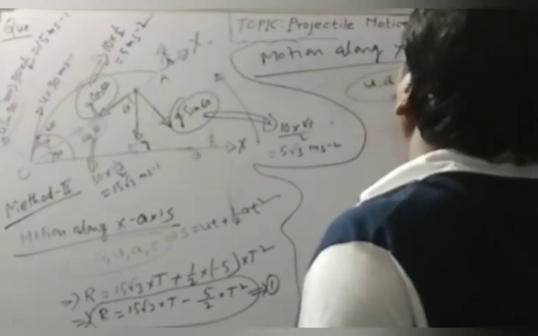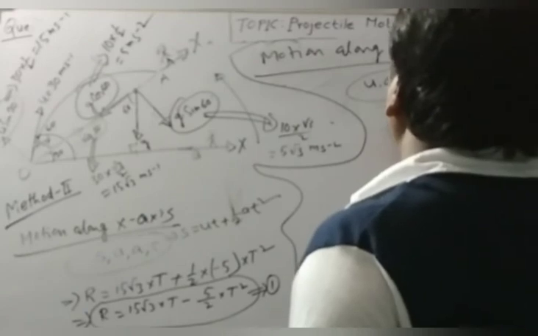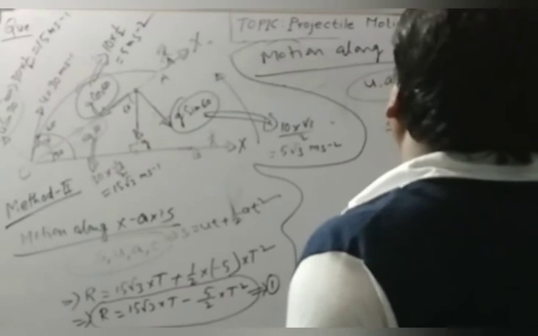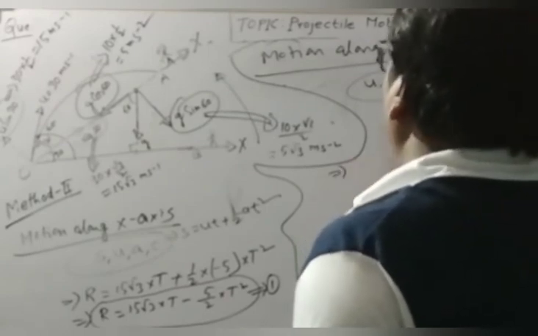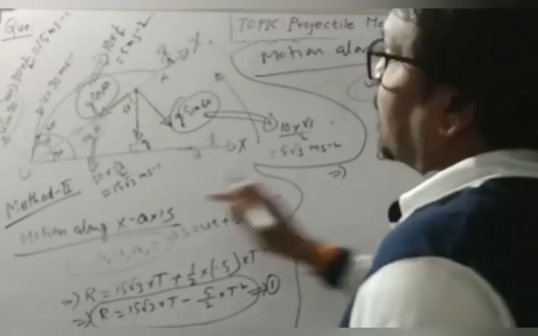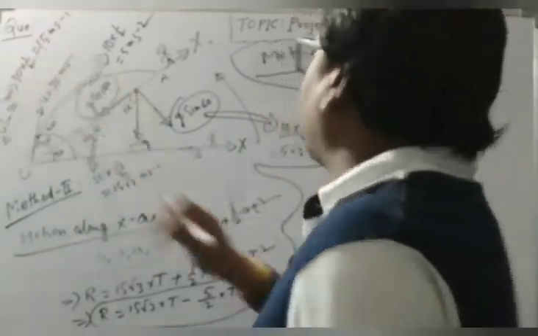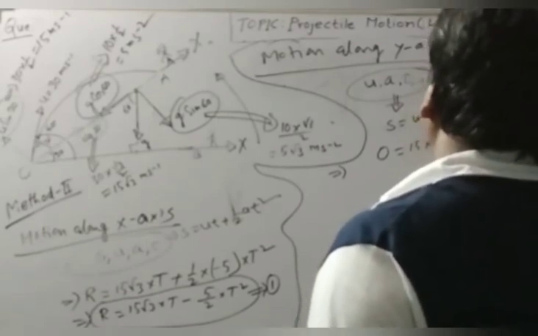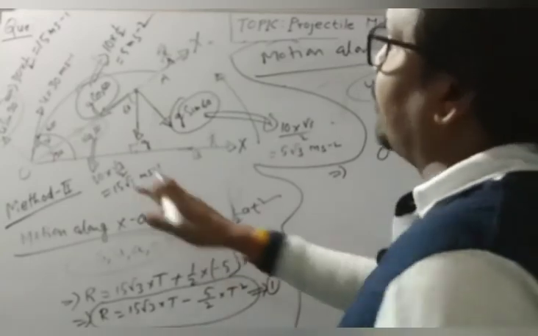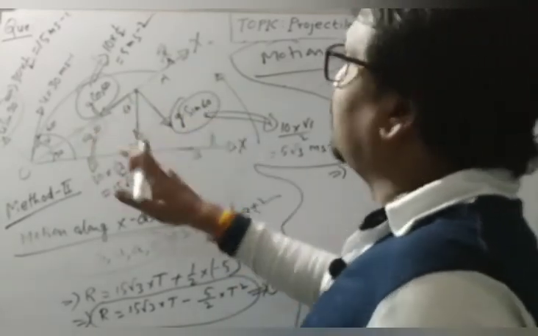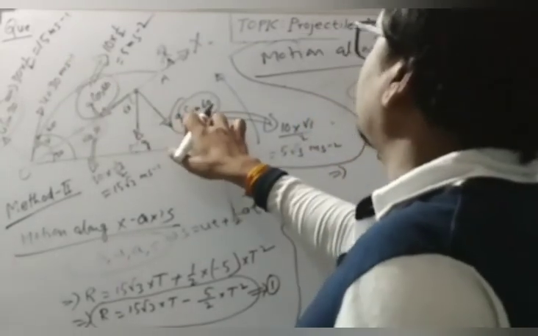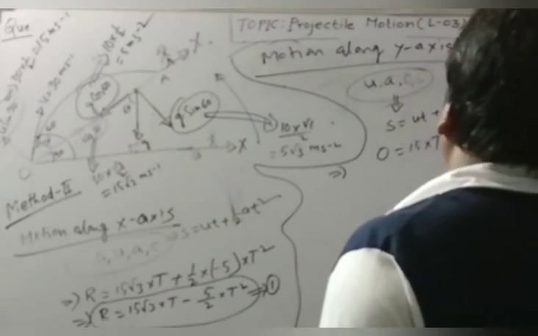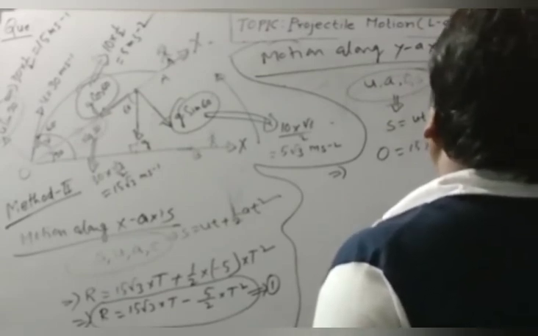So the formula made up of all these 4 variables is again S equal to ut plus half a t square. S is 0, and u is just u sin theta, that means 15, and t is basically the time of flight, capital T. A is negative, g sin 60, just opposite to u sin 30, that is 5 root 3, put with a negative sign, into T square.